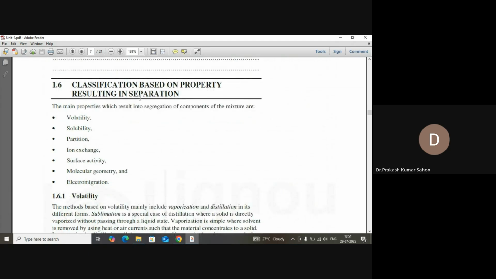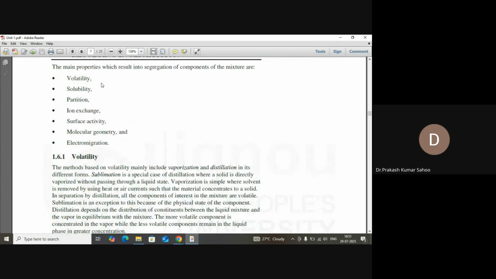Then we have the properties: volatility, solubility, partition, ion exchange, surface activity, molecular geometry, and electromigration. Under volatility, we have two to three components in a mixture having different volatility rates. Then we may use the distillation process, where ethanol and water are mixed, and ethanol has a boiling point of 78.4 degrees while water has 100 degrees centigrade.